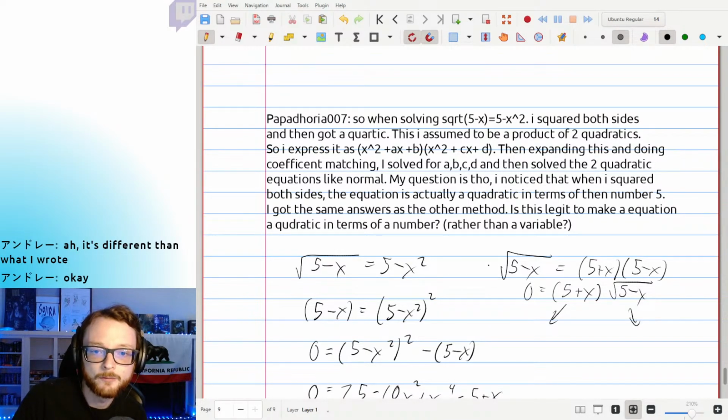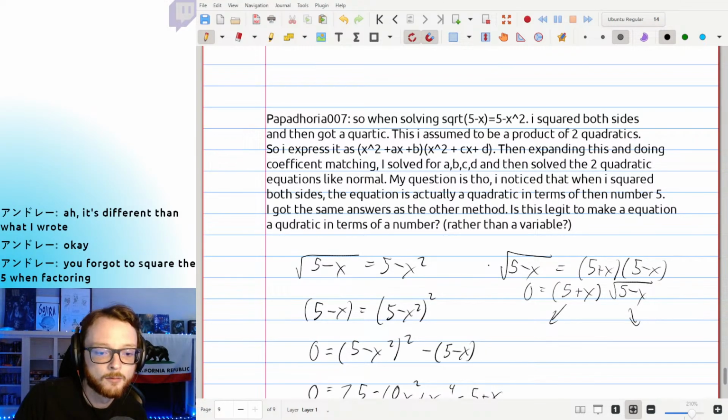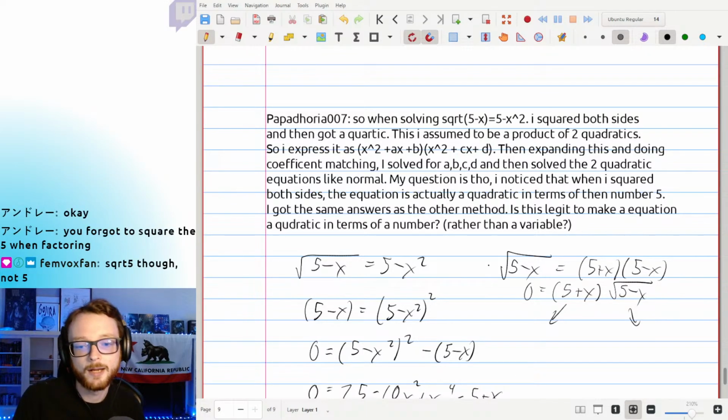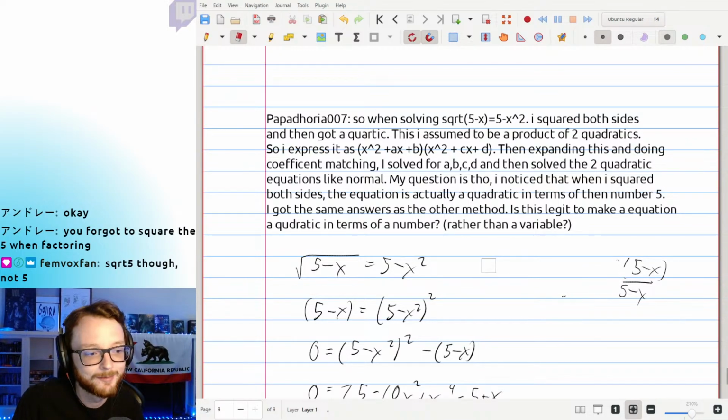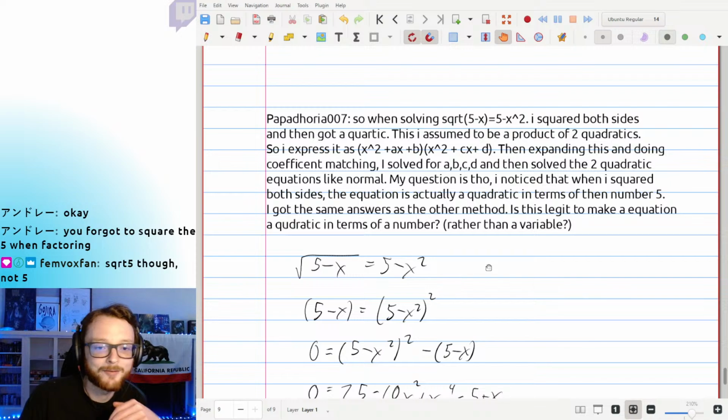X equals -5 definitely does not work though. Oh, ha. You're right. That's why it doesn't work. Never mind. Okay. I was like, there's no way that I was getting a wrong solution.